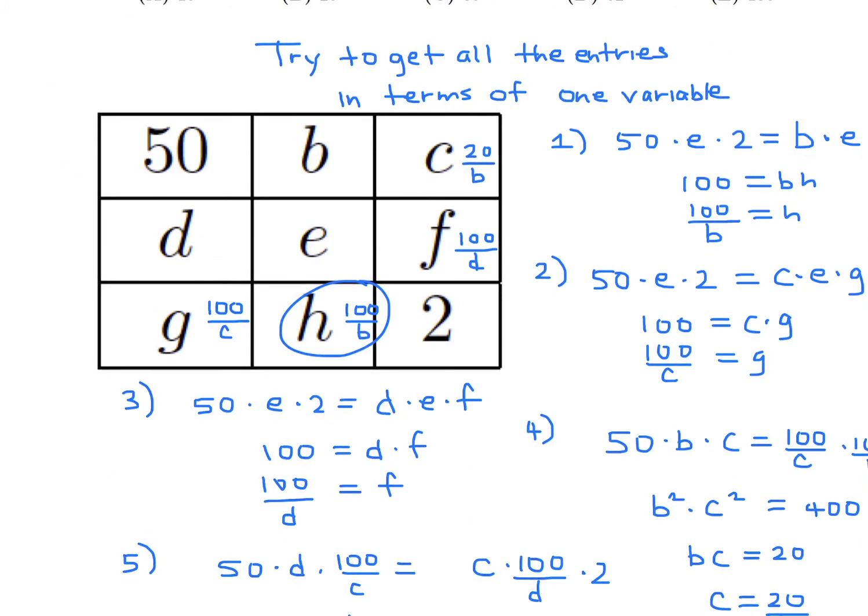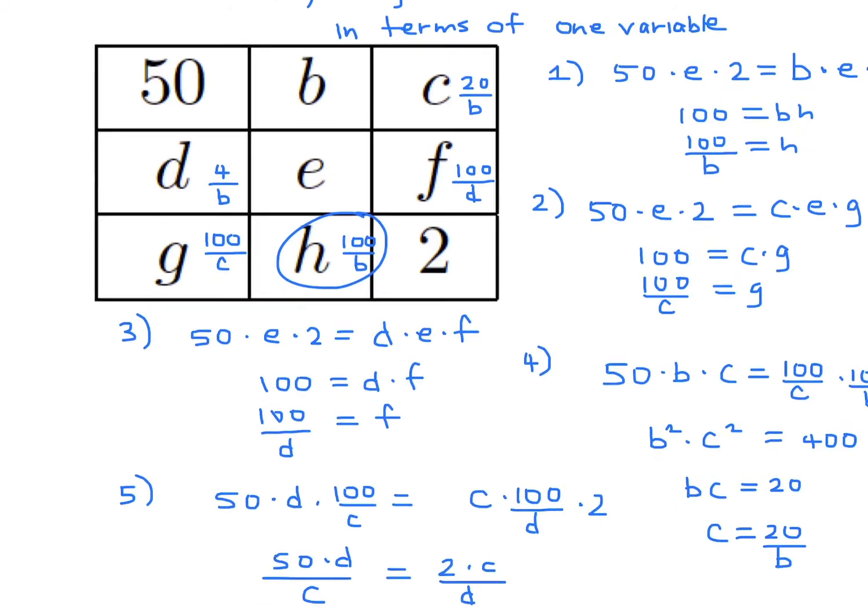Put that in there. And I think that's it. That's about as far as I can go. Let's see, is everything in terms of one variable? Almost. We just have to get f and g in terms of b. And we can do that. That's not a problem.